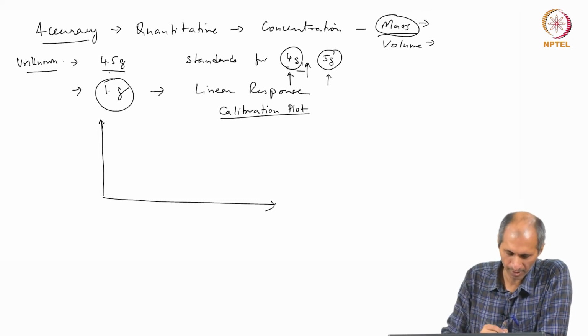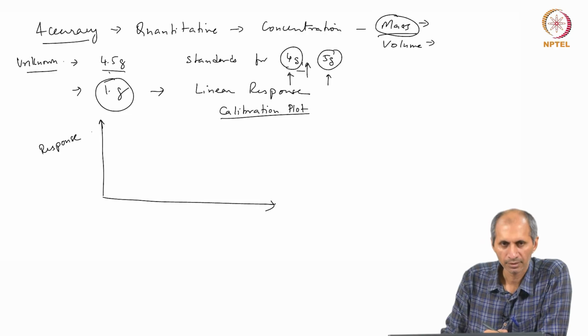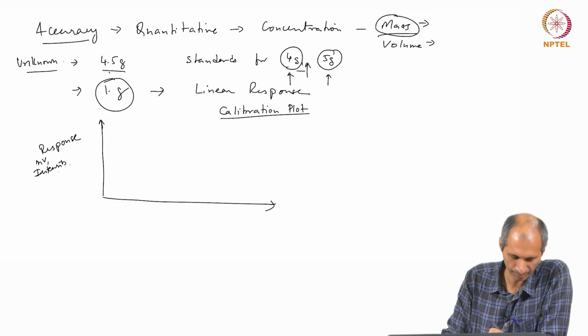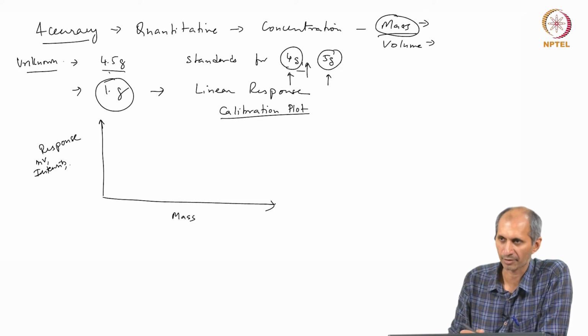So, what we are doing is, this is a response of an instrument. Usually instruments have an internal response, say in terms of millivolts or signal intensity, light intensity or something, okay, there are all kinds of responses that an instrument can give. And here we have mass, the actual mass that we are putting.